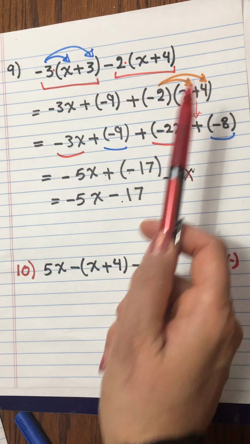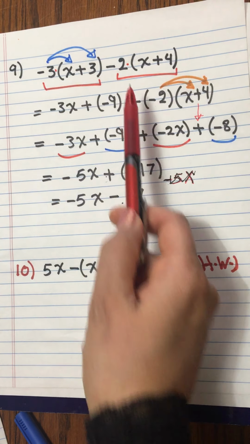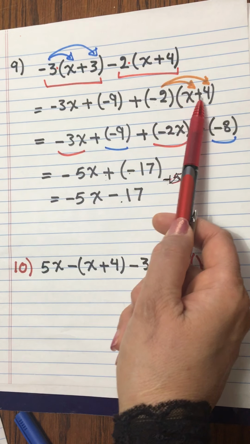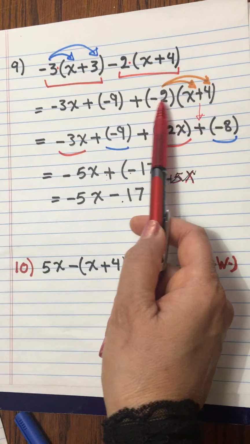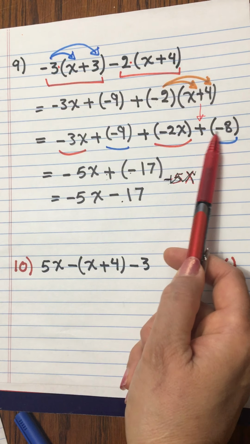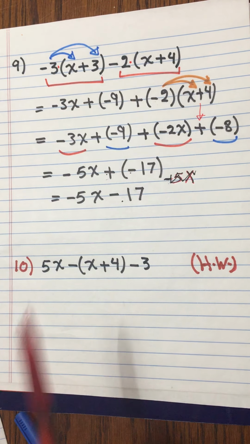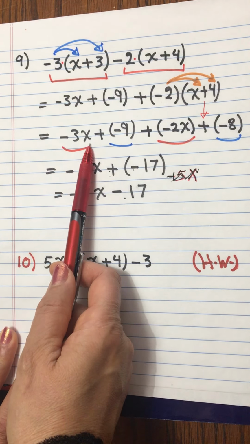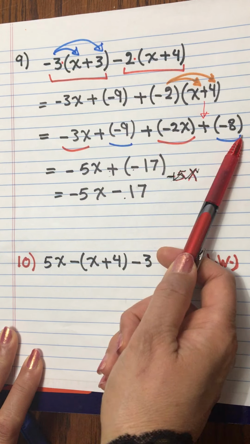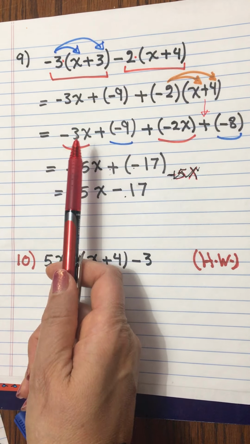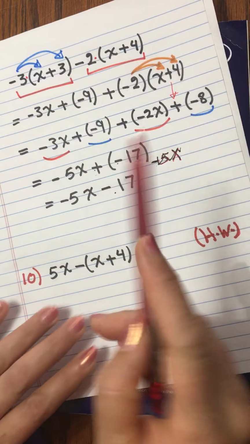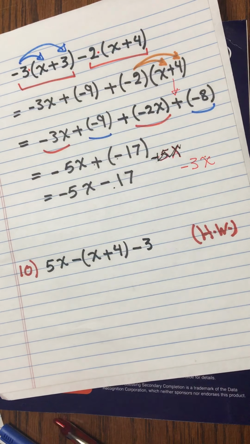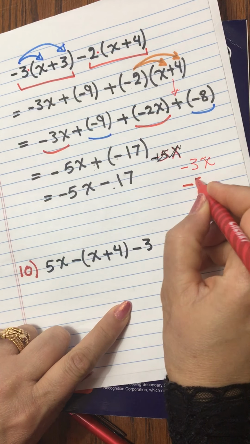So negative 2 times x is going to be, put plus down, negative 2x. Negative 2 and this plus, put it down. Negative 2 times 4 is negative 8. Now I have 1, 2, 3, 4 terms. These two are alike, and these two are alike. So negative 3x and negative 2x.